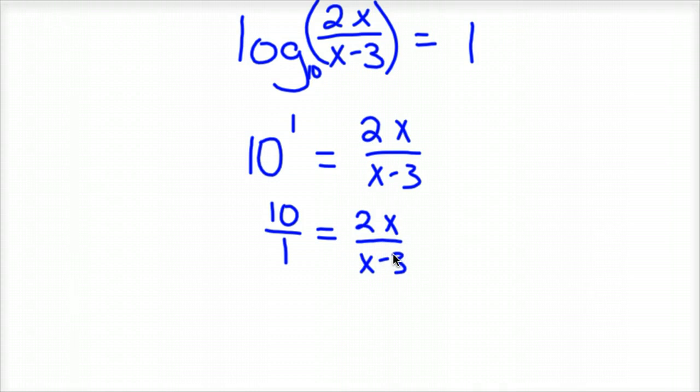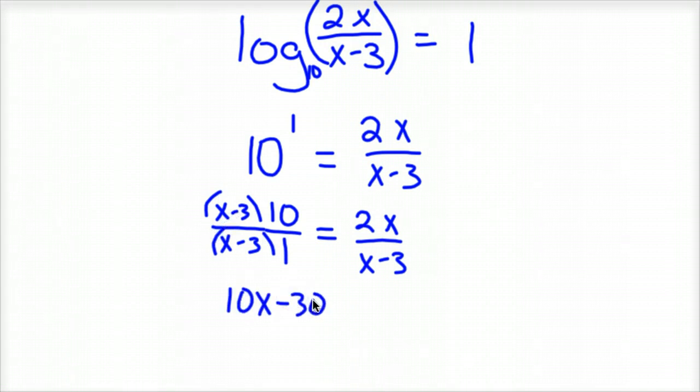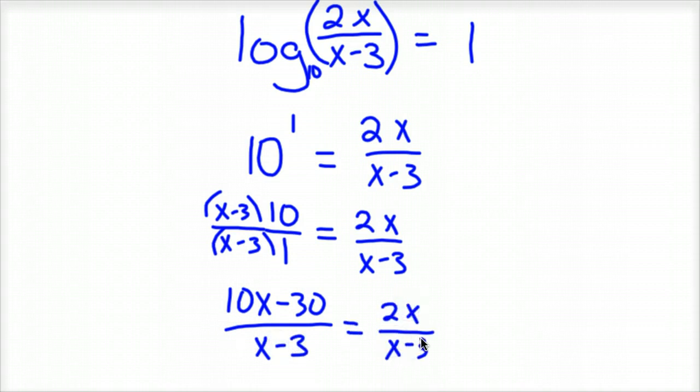We need a common denominator of x minus 3, which you could also call cross multiplying, but be careful there. So I'm going to take this side times x minus 3 on the top and x minus 3 on the bottom. And so we would have this. 10x minus 30 over x minus 3 equals 2x over x minus 3.